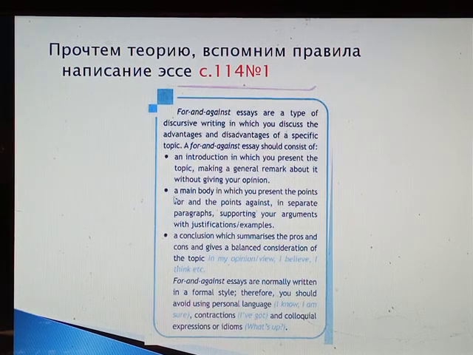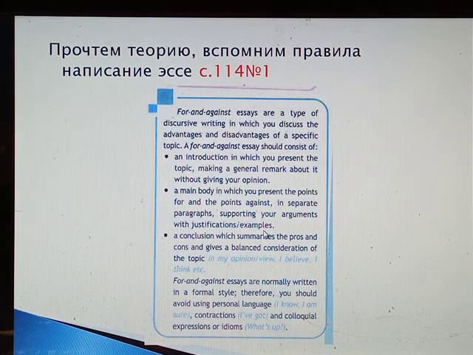A main body – основная часть, in which you present the points for and the points against in separate paragraphs, supporting your arguments with justifications and or examples. Основная часть должна состоять из как минимум 2 абзацев.